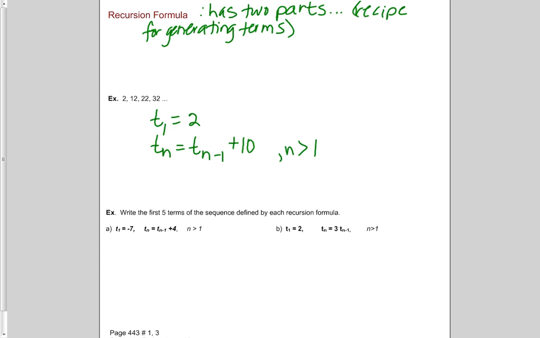You need to start the sequence. Term 1 you would give, perhaps term 2 as well, however much you need to start the sequence. And the second part is to write the terms in a general way.